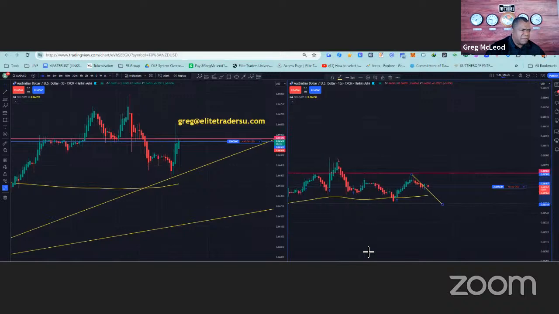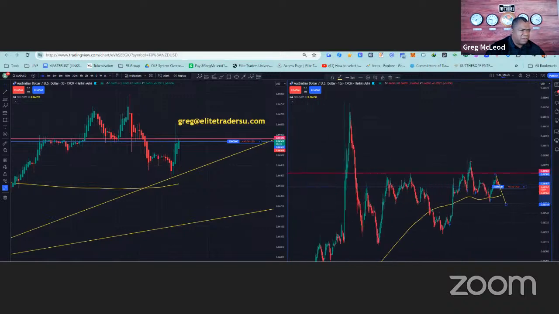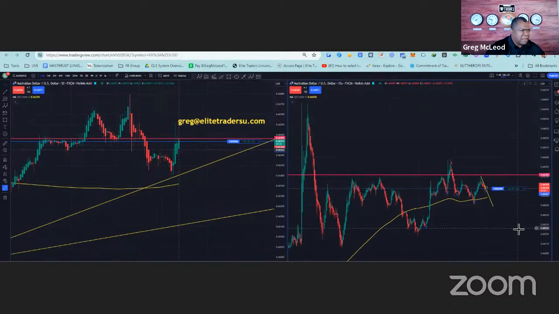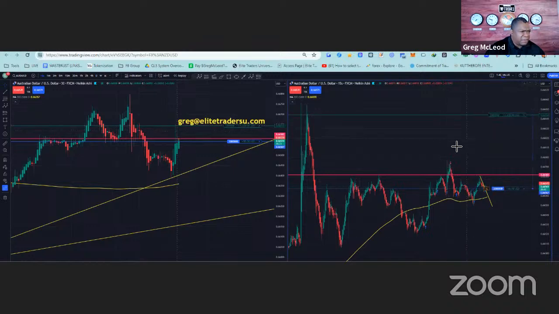I do like to see this even get back to this old high up here. Somewhere in here, and then my stop loss, that swing low, 4 to make 8.